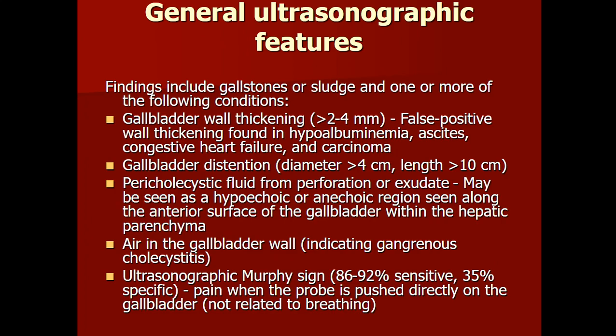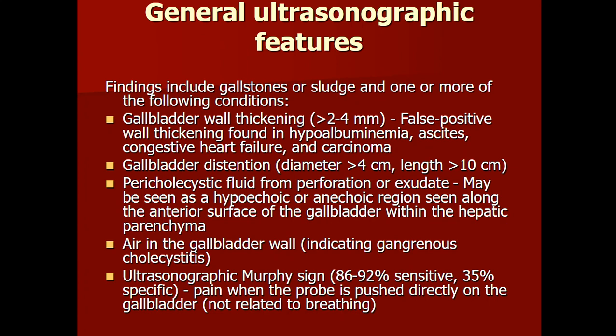General ultrasonographic features. Findings include gallstones or sludge and one or more of the following conditions. Gallbladder wall thickening, more than 2 millimeters, more than 4 millimeters. False positive wall thickening is found in hypoalbuminemia, ascites, congestive heart failure, and carcinoma.